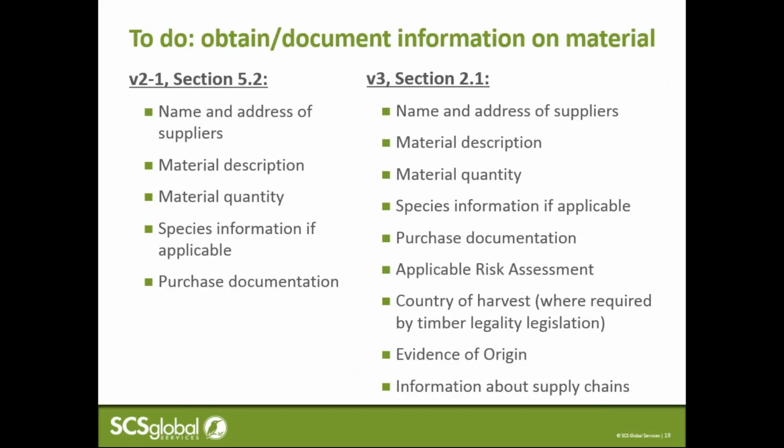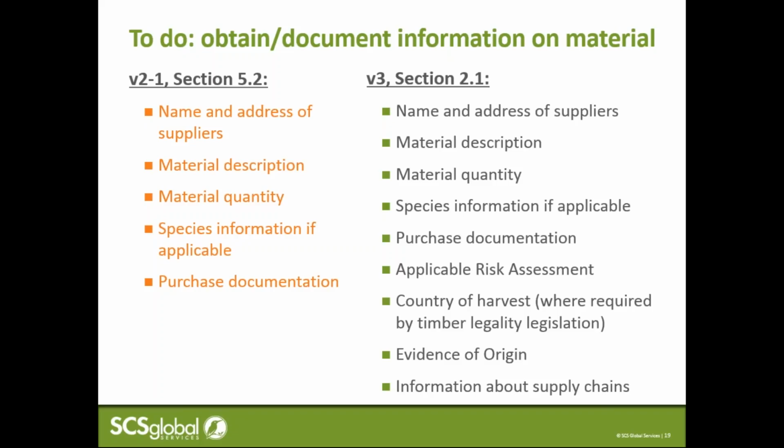Okay, all certificate holders then will need to obtain and document the required information on controlled material. For version 2.1 of the standard, you are required to maintain an up-to-date list of all your suppliers of wood or wood products that are included in your own controlled wood verification program. The requirements for 5.2 of the old version are listed on the left.